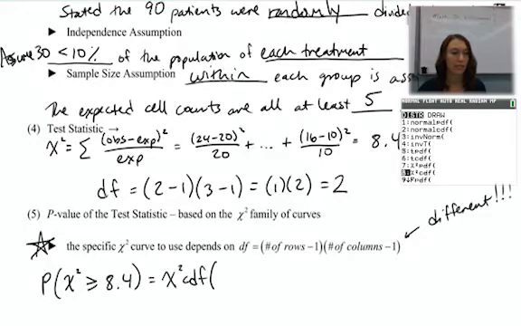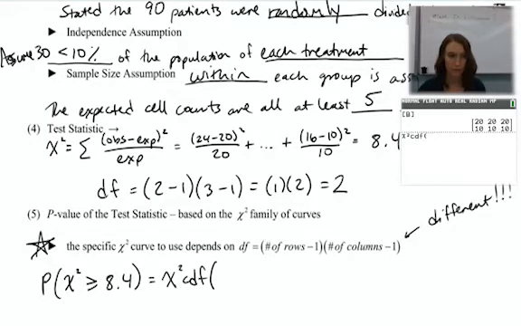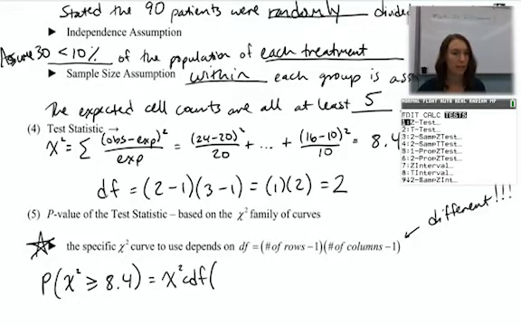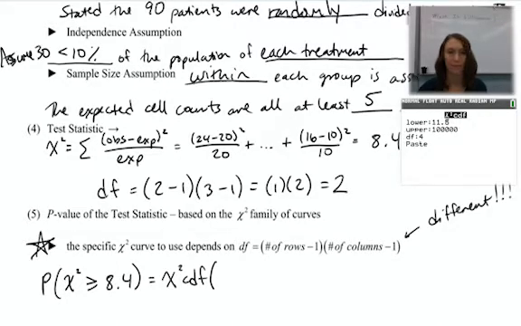So chi-squared CDF. Oh, that's strange. Last time it gave me my inputs. There it goes. Not sure why it didn't do it for a second. Okay, so our lower value is 8.4.